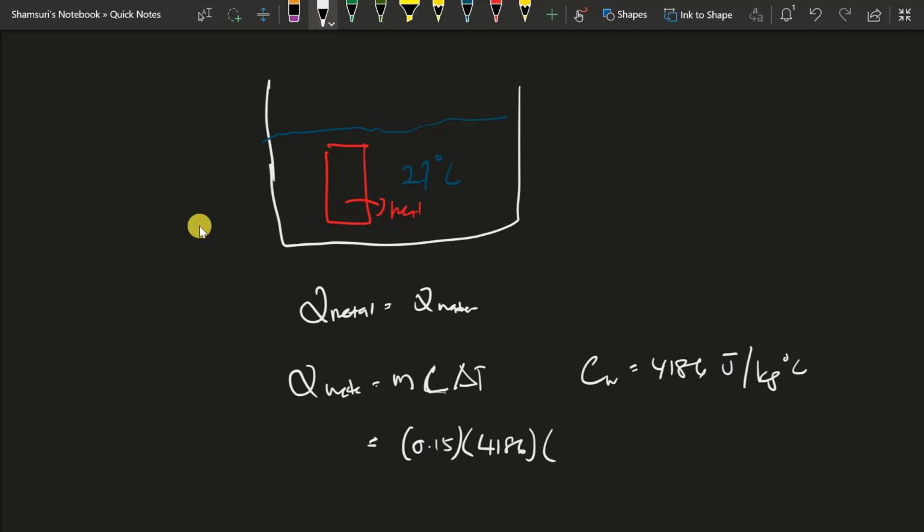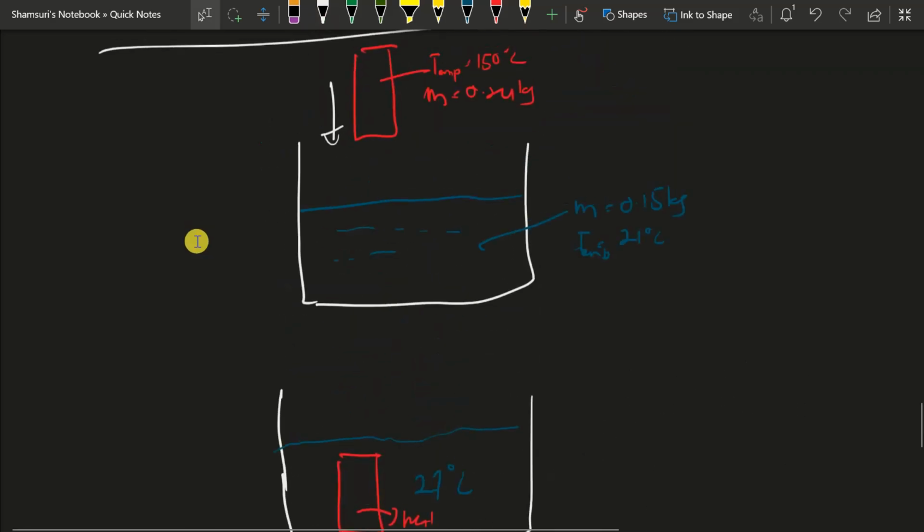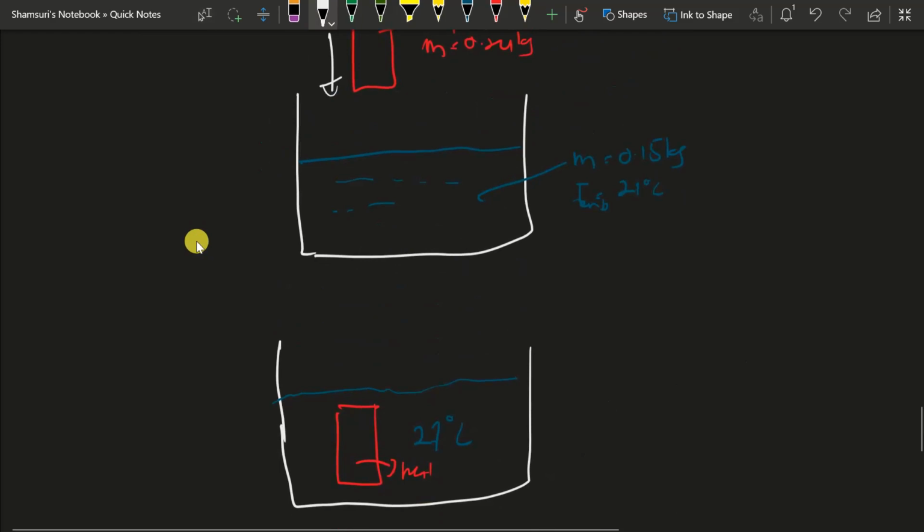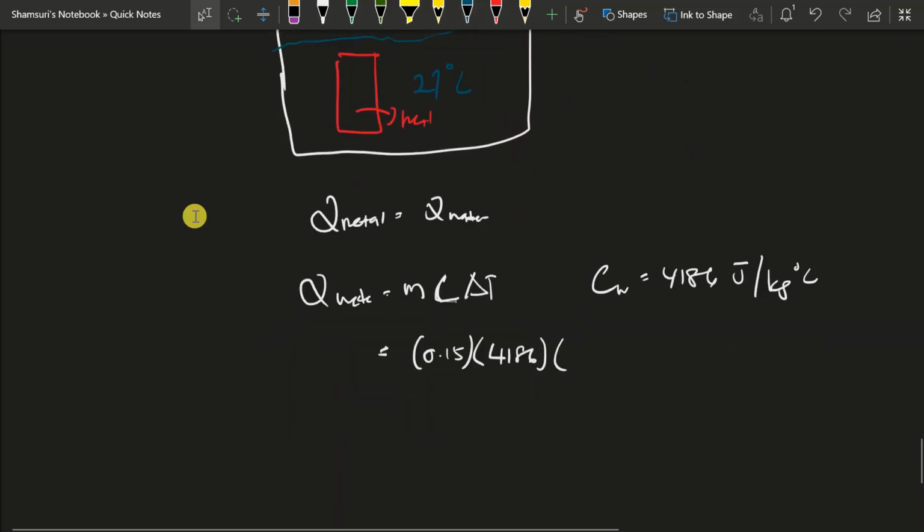Delta T is the temperature change of the water. The water changed from 21 degrees to 27 degrees, so 27 minus 21.